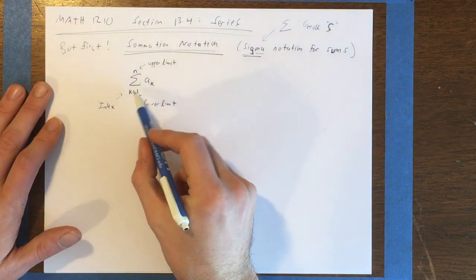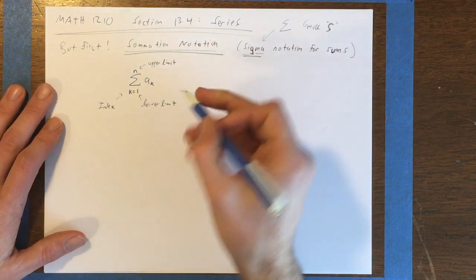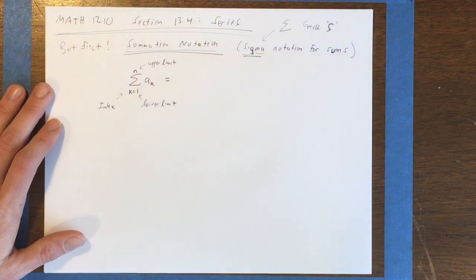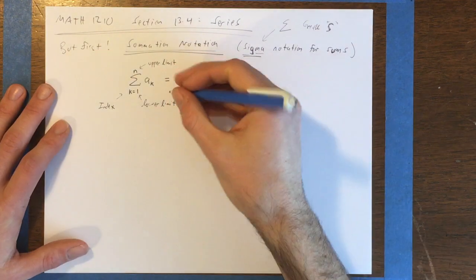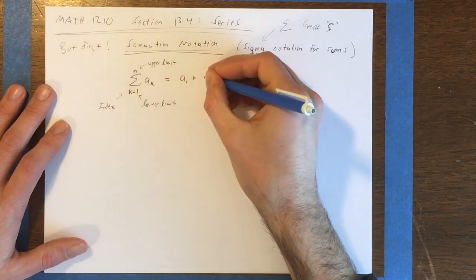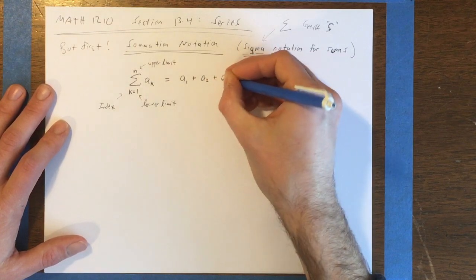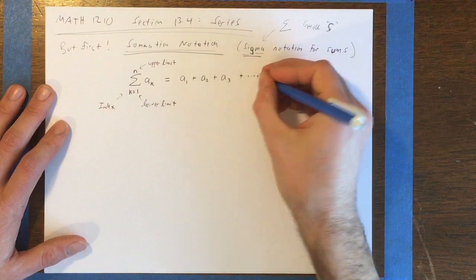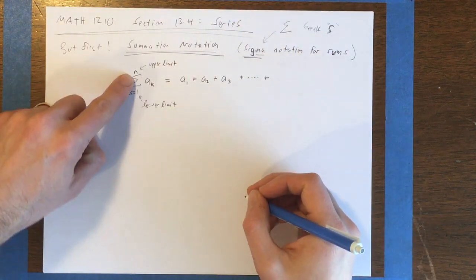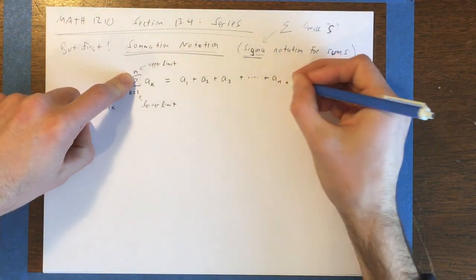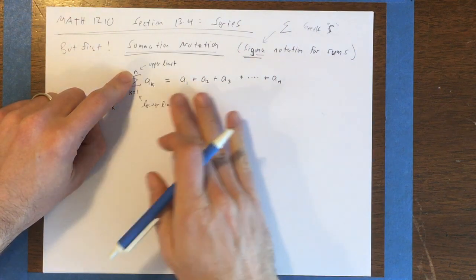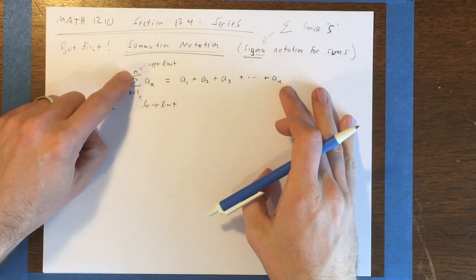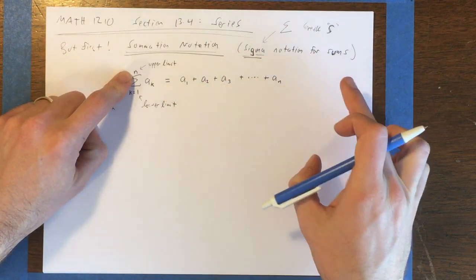So k is the index we're using for that sequence. What this notation means is you're going to take a_1 plus a_2 plus a_3 plus, and so on, adding up the terms of a sequence all the way until you get to the nth term, a_n. If the upper limit was a 5, you would only add up to the 5th term. If it was a 20, you would add up all the way to the 20th term.